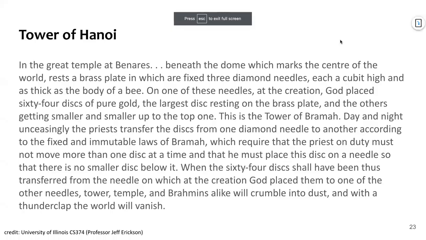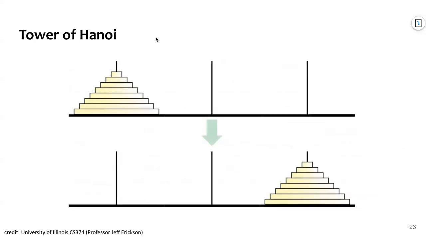I'm going to give you another example of recursion. Some of you might have heard about Tower of Hanoi. This is what we are going to do. Basically, what we want to do is move these plates.